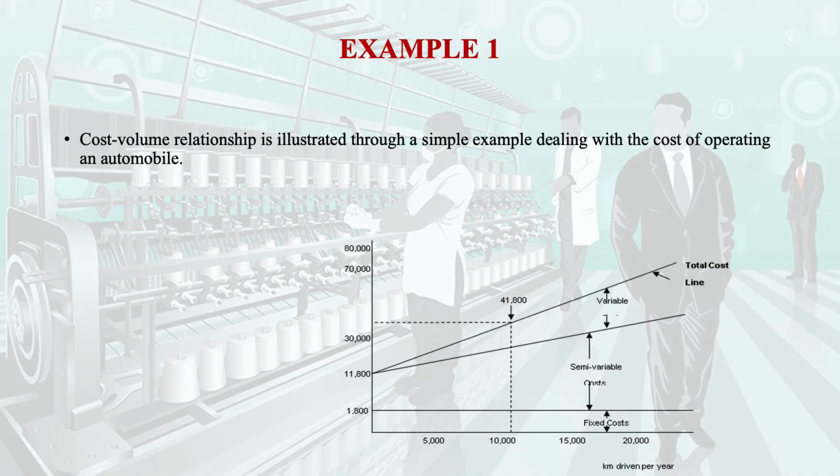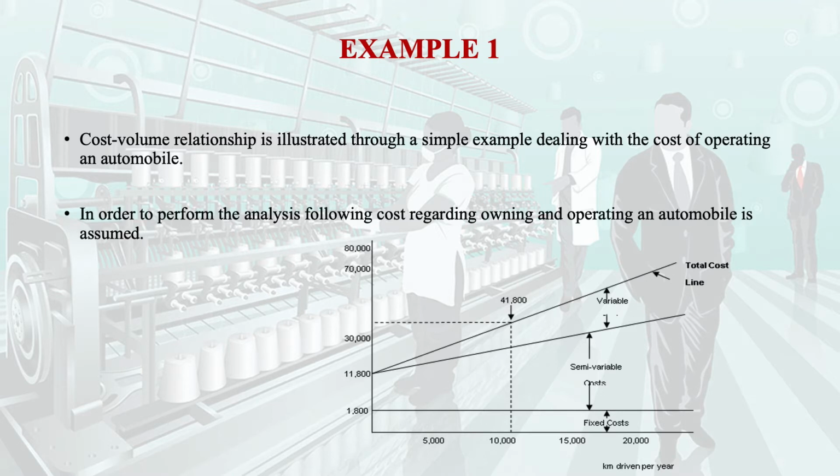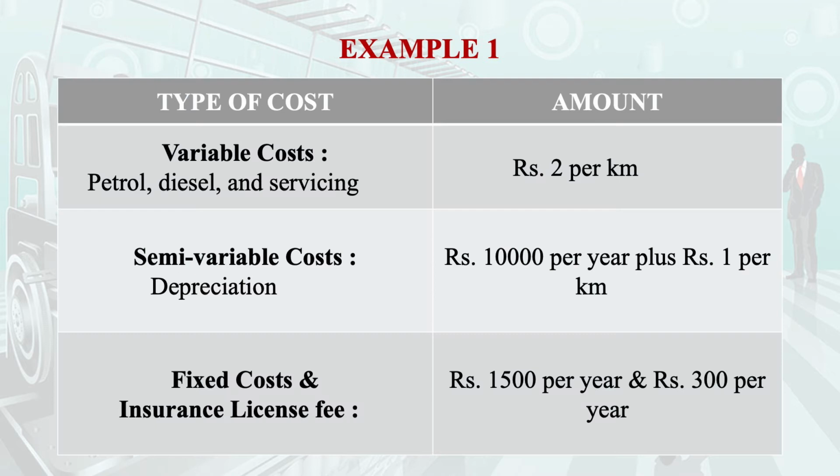I will again quote a numerical example, the cost volume relationship illustration. In order to perform an analysis, the cost of owning and operating an automobile is assumed. Now just see this particular table. There is a type of cost and the amount is written in the right side column.